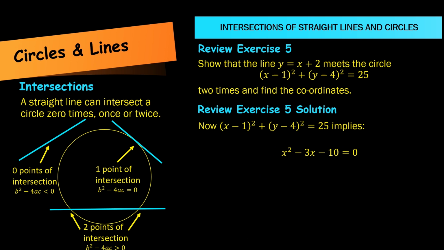In order to find the number of roots of this equation, consider the discriminant b squared minus 4ac. This equals minus 3 squared, which is 9, minus 4ac, which is 4 times 1 times minus 10. This equals 49.